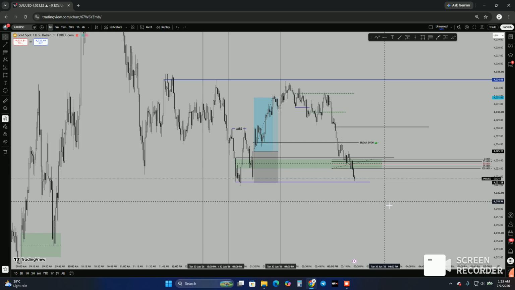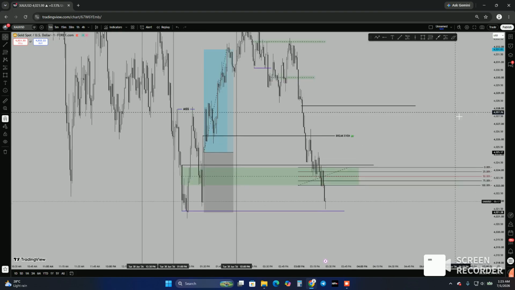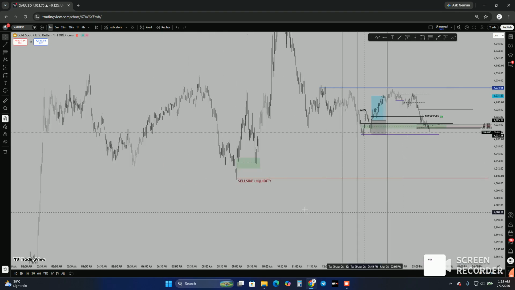So if you trust the ICT concept, it's okay, fine. But why you are losing your money, you don't know. You are following all kinds of order blocks, breakaway gaps, IDM, OTE, everything. You are just playing, but you are missing this information.